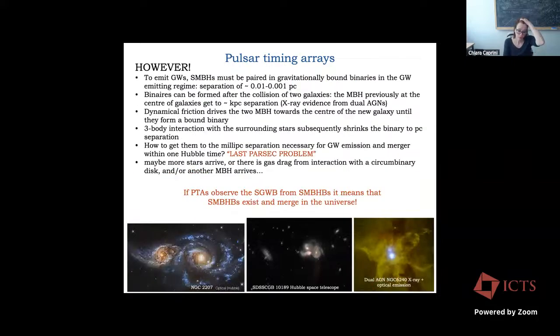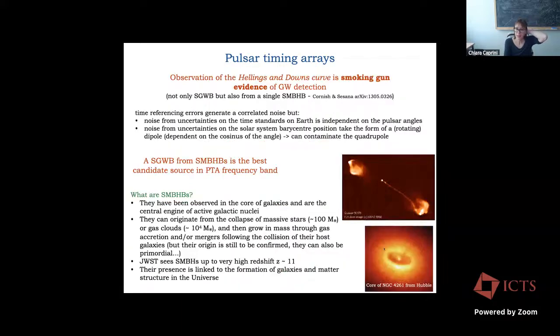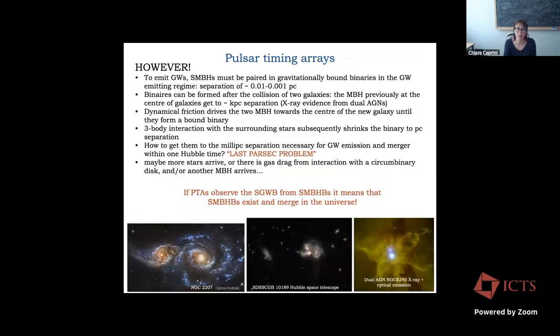However, all this that I said, and this evidence through electromagnetic emission, is evidence for single supermassive black holes at the center of galaxies. Of course, to emit gravitational waves, they must be paired, and not very far away. They must be in a gravitationally bound system, the two black holes having reached the gravitational wave emitting regime.